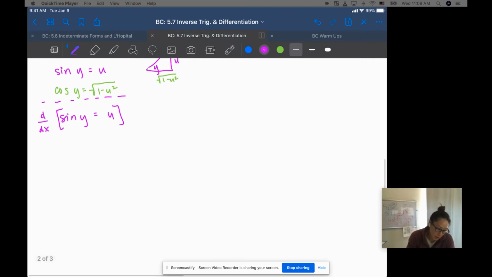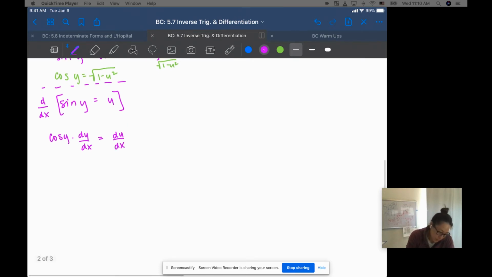What we end up with is the derivative of sine y is cosine y dy dx, because of implicit differentiation. And the derivative of u is 1 du dx.